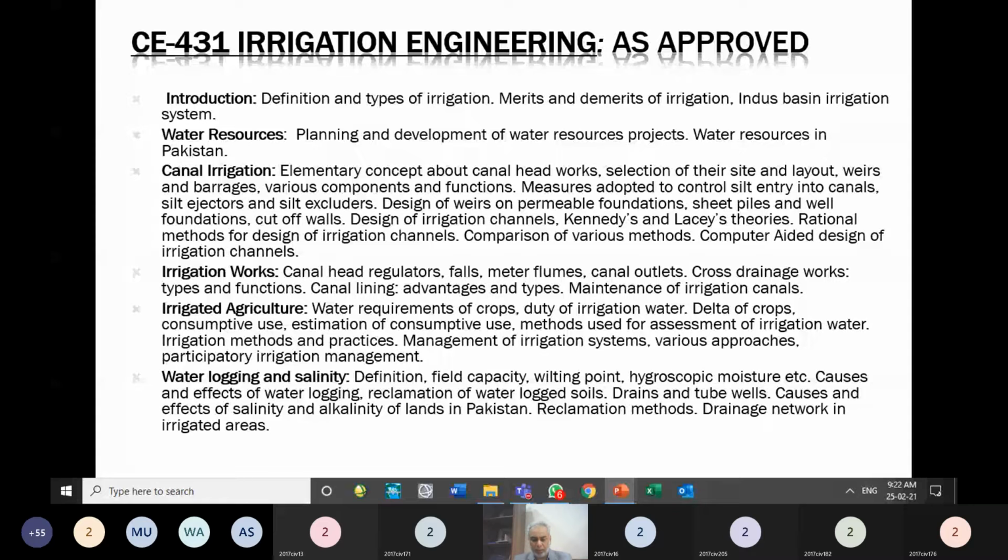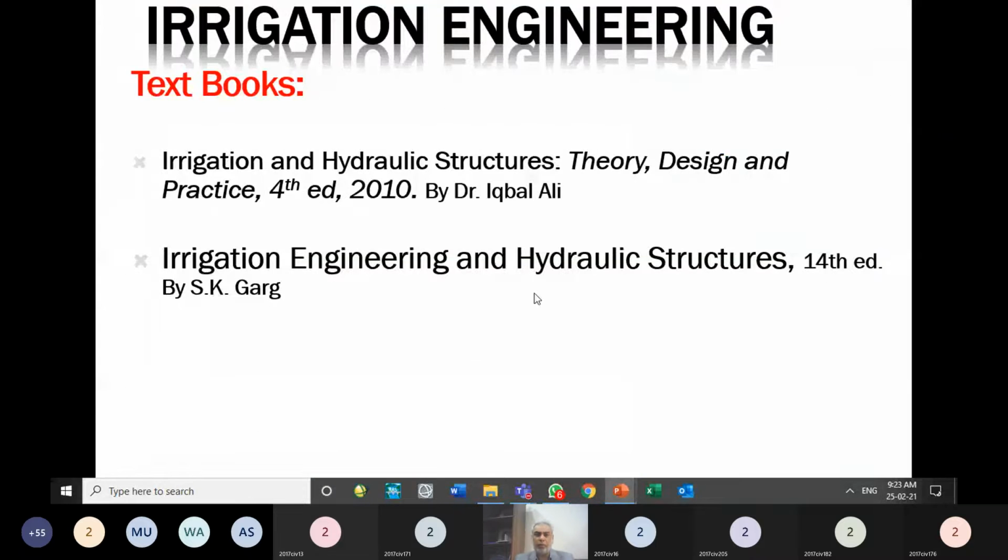And from this book you will be doing the lab assignment also. The lab work is highly dependent upon this book. We follow Dr. Iqbal Ali's book. If you have to work in the SI system, then the second book, SK Garg, is in the FPS system, and this is a huge book, covering most of irrigation engineering and the related structures and related principles and related management practices.